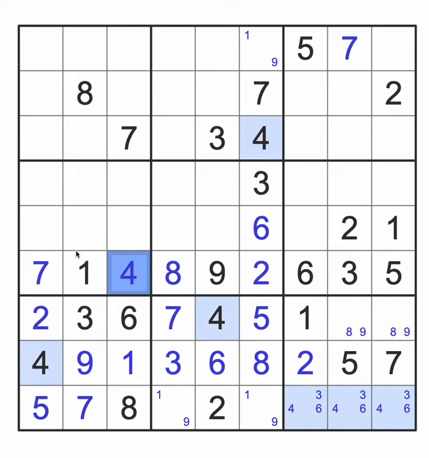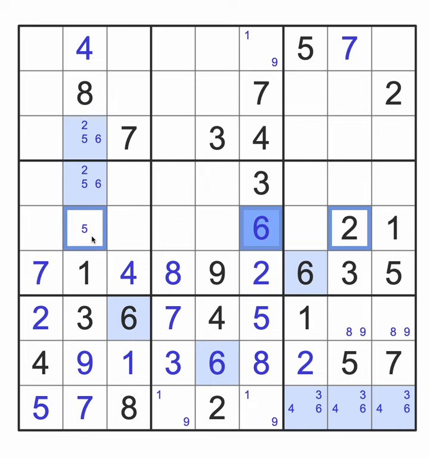Oh, okay. 4 blocks this, 4 blocks here, gives me 4 here. This column is now missing 2, 5, 6. 2 and 6 here block this cell, gives me 5.